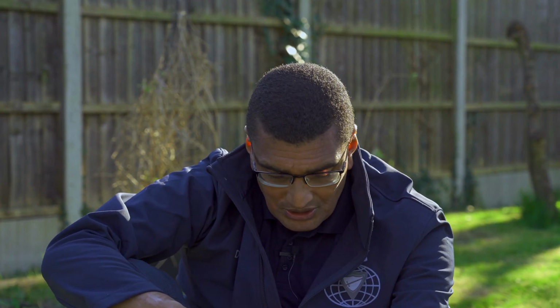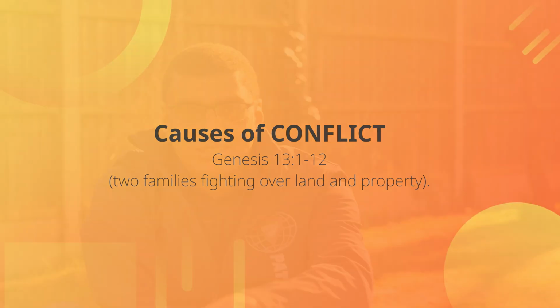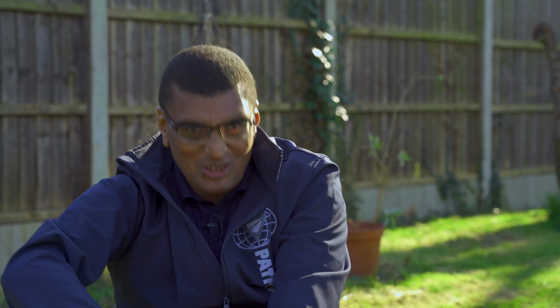The third one is Genesis 13 verses 1 to 12. That's the story about land and property, right? That's sometimes also a situation that happens in people's lives. This is mine and that is mine, right?